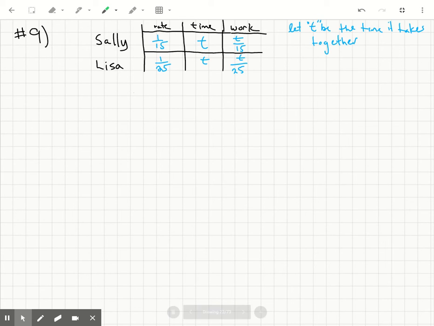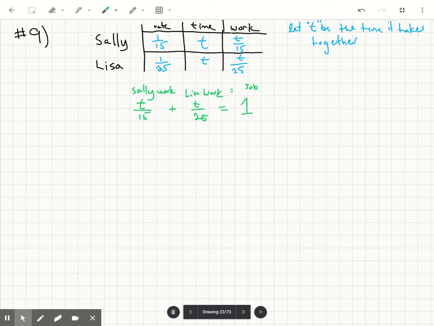If we look at Sally's work, which is going to be T over 15, plus Lisa's work, which is T over 25, that's going to equal one job. So that's one, the job, okay?